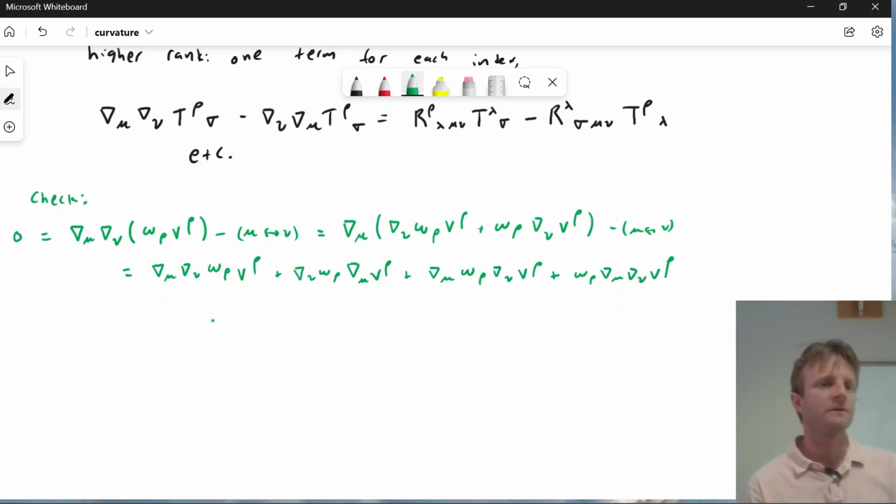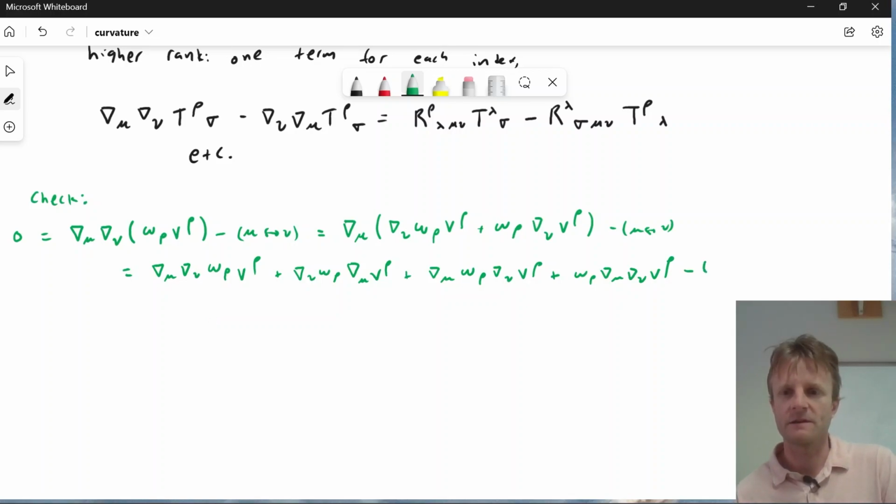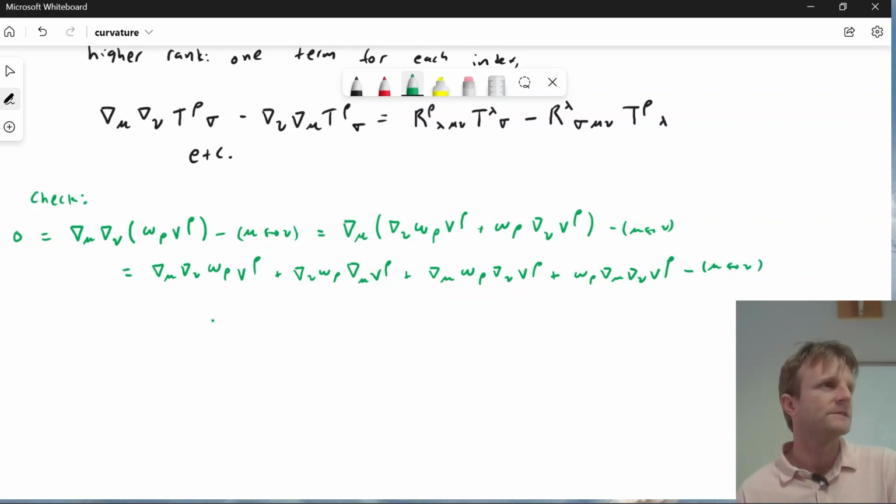Anyone see what I should do? Remember, there's minus mu goes to nu here. You have a bunch of commutator terms. Right, plug in the Riemann tensor. Well, I don't know the formula for this yet. I'm going to derive it. But this one here, when I include the minus mu goes to nu, this is the commutator of mu and nu acting on a vector field.